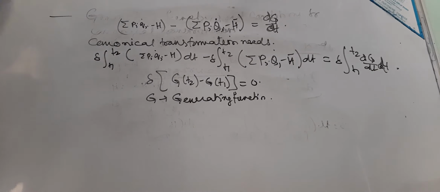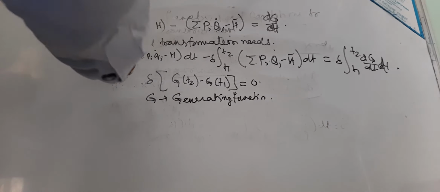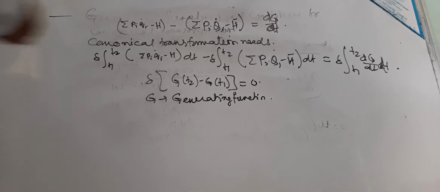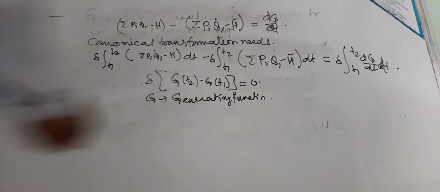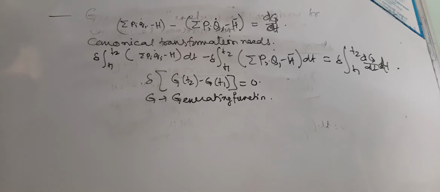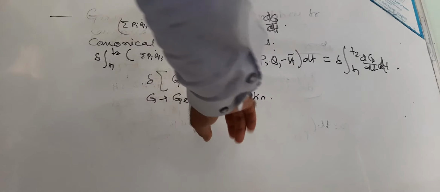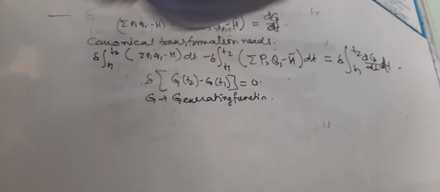If you put the value of the Lagrangian, integrate it and take the difference of these two from the old set to the new set, that will equal the difference of the generating function at the two different times. Therefore G is said to be the generating function, and the function of the generating function is to always generate the new coordinates.